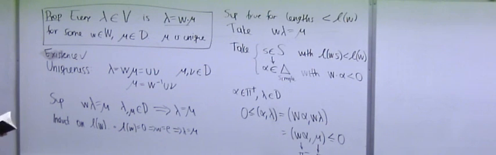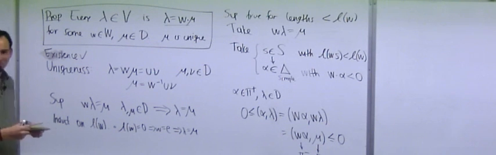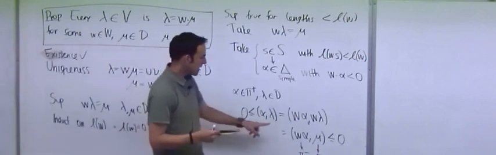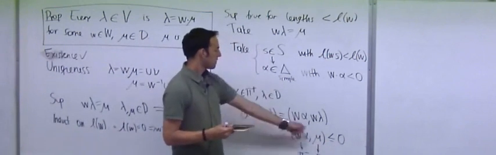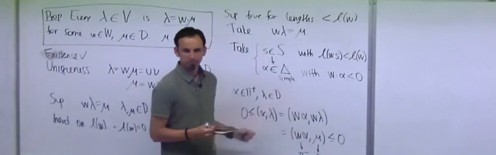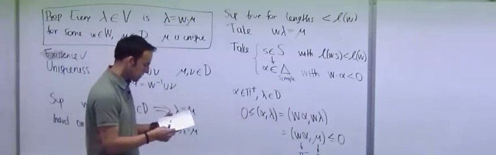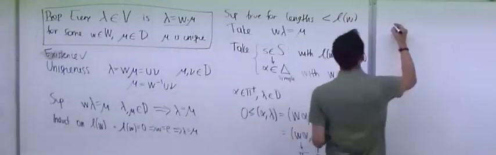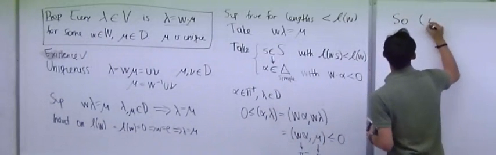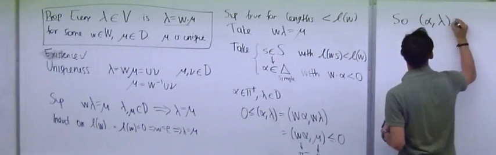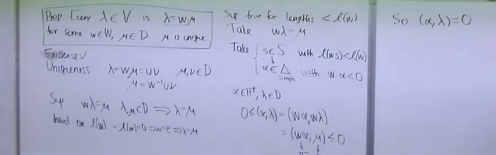Well, that part is not exciting, but what's exciting is what I squeeze in the middle, right? Because if this is 0 and this is 0, then all of these things in the middle have to be 0. Okay. So what I just proved is that the inner product of alpha and lambda is 0.